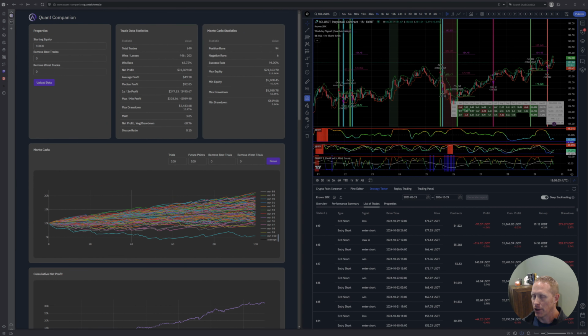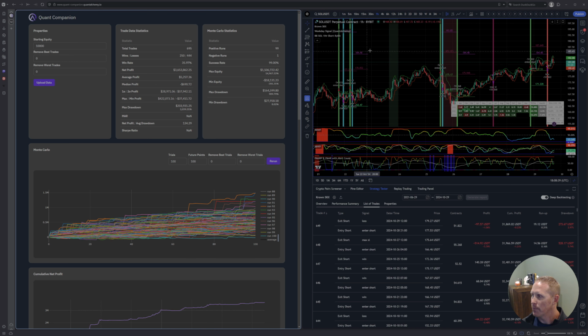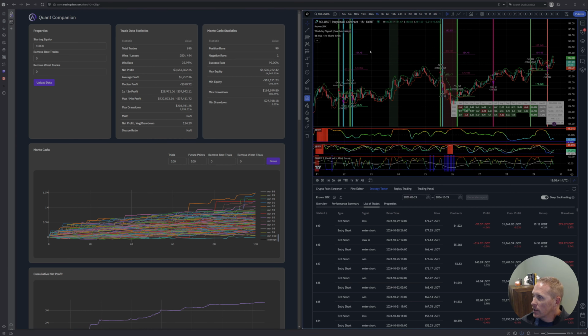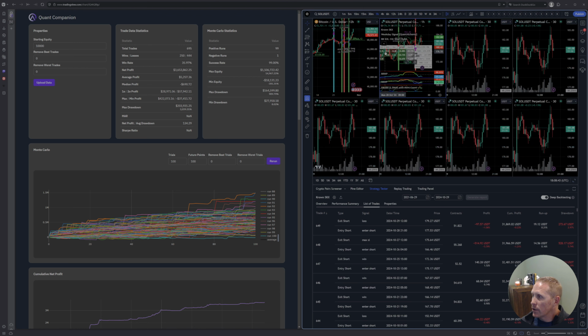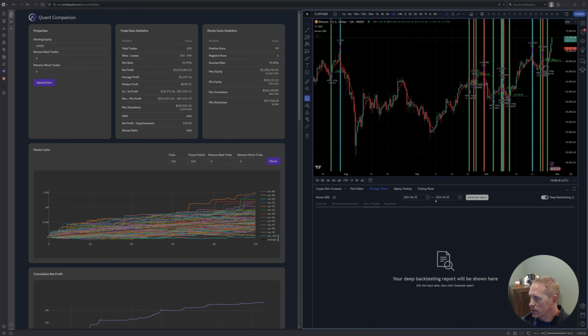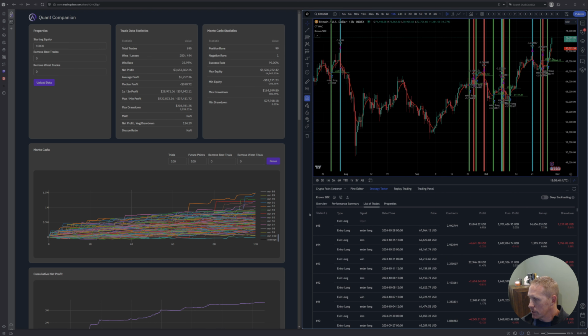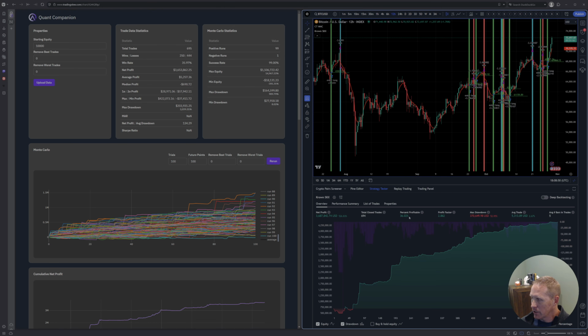I'm going to upload another data set, and this data set is going to be a different strategy. We'll be looking at this strategy here that we see in TradingView. And so we can see here, this is a lower percent profitable strategy, but it has higher winners than losers, right? And so we can see it's 35.97% profitable.